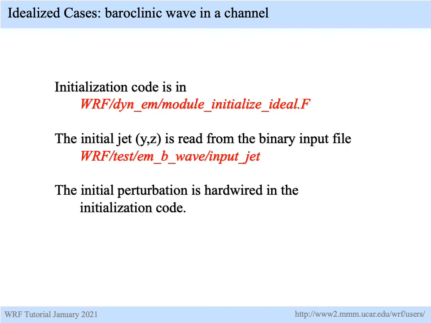As noted earlier, the initialization code is in module initialize_ideal.f. However, the two-dimensional jet structure is read from a binary input file that's part of the release. And the initial perturbation is hardwired in the initialization code. So you have much less latitude to change parameters in this particular test case.